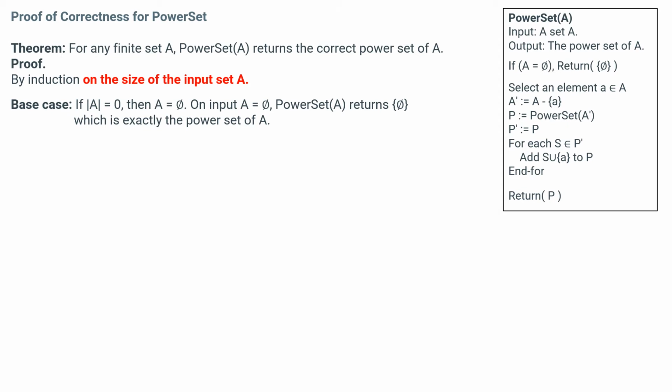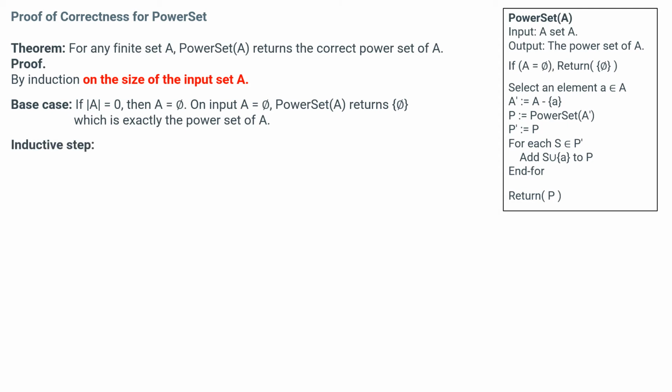So that's the one set that is in our power set for the empty set as the input, and that is just the set that includes only the empty set. So we've just proven the base case: it's easy to find what the power set of that set would be, and yes, the algorithm does return that correct one.